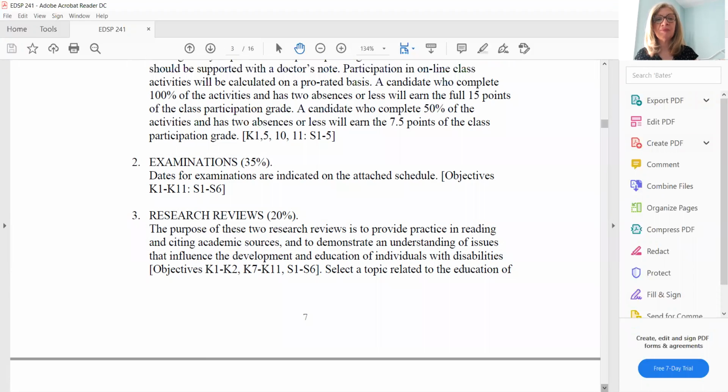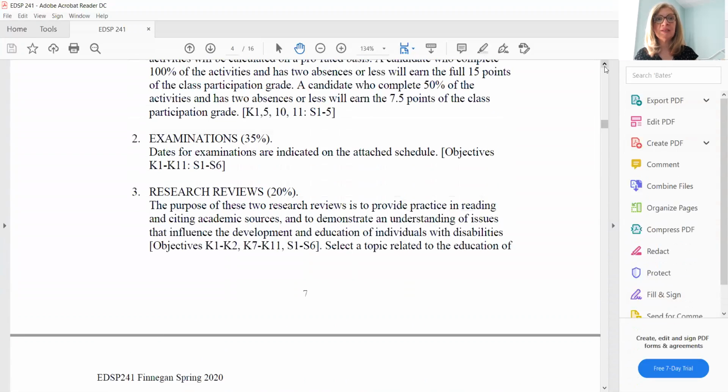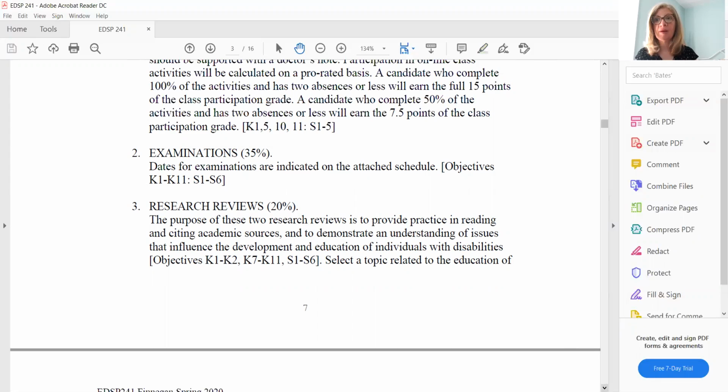And then field experience essays are worth 30%, and there are 3 essays, and so each one is worth 10%. So it actually works out that the assignments in my class have pretty similar weighting. So each exam is worth a little bit more, almost 12%. The research reviews and the other papers are worth 10% each. So the weighting is pretty similar.